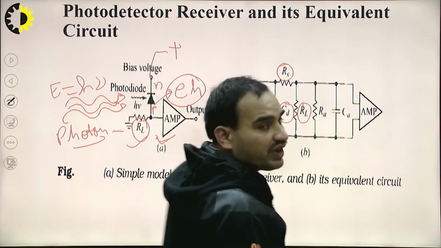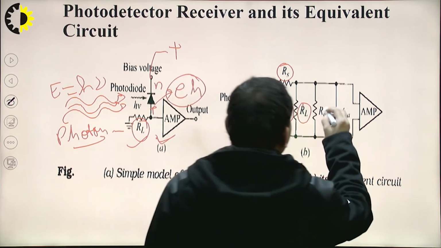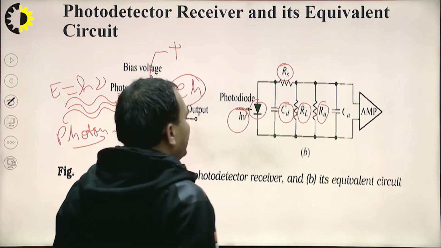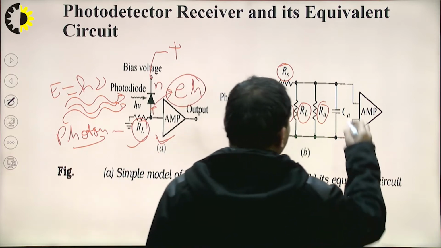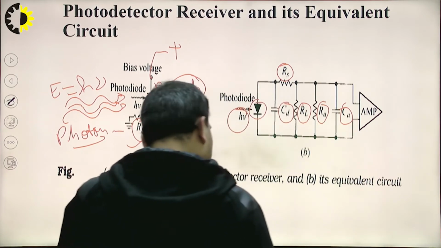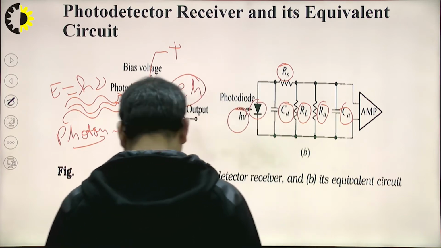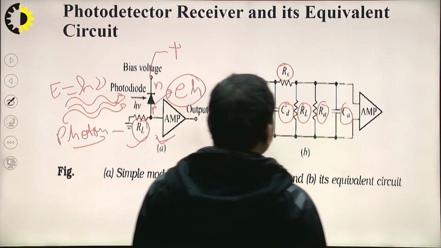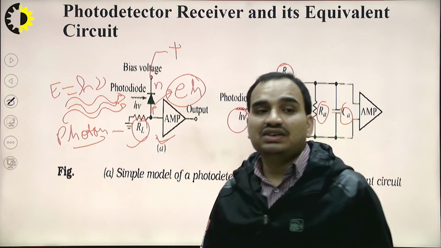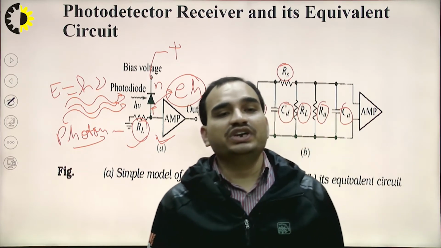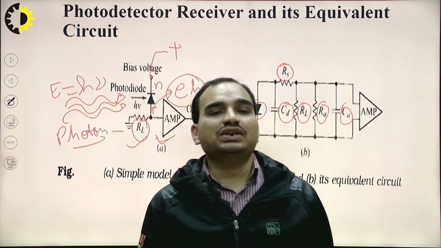For the amplifier, we are having the resistance of an amplifier, that is RA, and the capacitance of an amplifier given by CA. And finally, it is connected to the amplifier, which is acting as an amplifying device for the electrical signals. So this is the simple model of the photodetector receiver and its equivalent circuit.